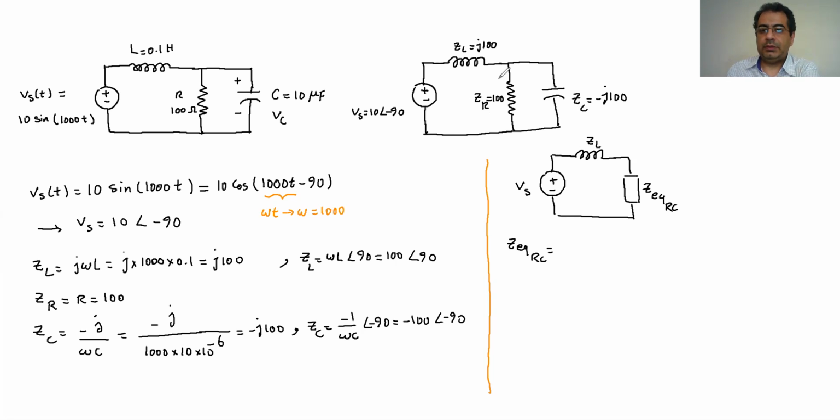So assume you have two resistances, one with the value of 100, one with the value of negative J100.